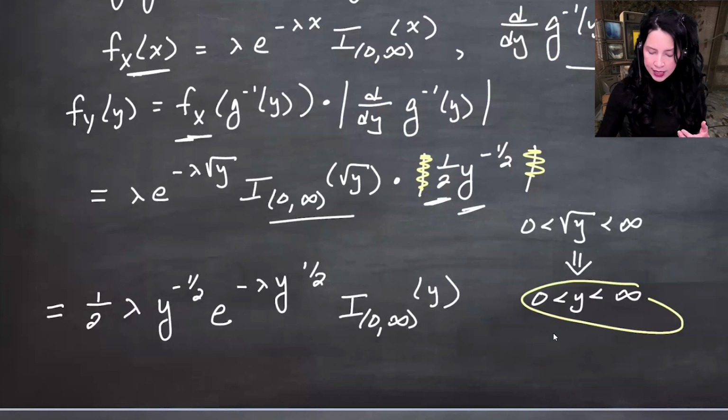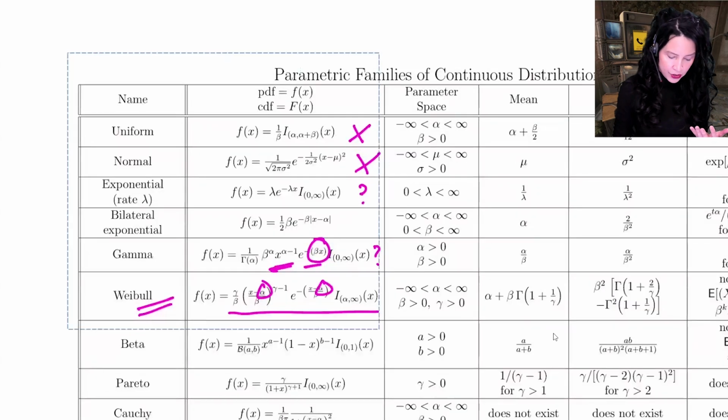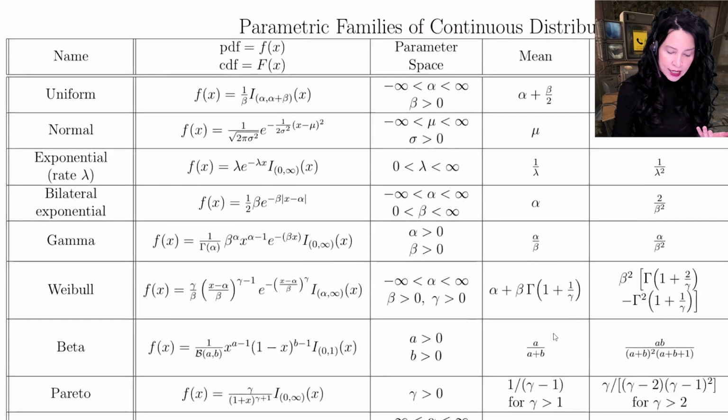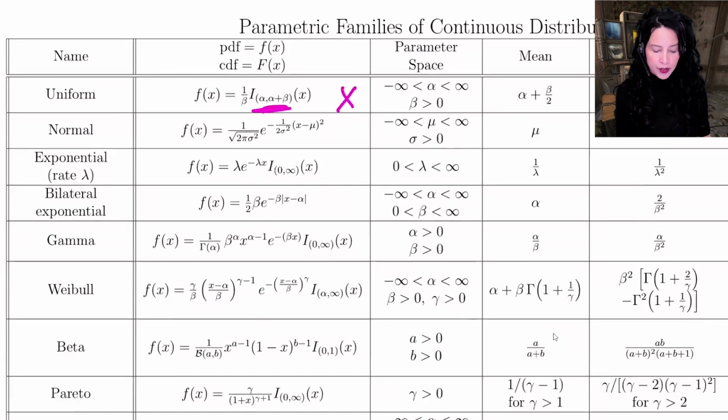I'm going to go to the continuous side because things are continuous here. Running down the table, you don't have to go through each one if you just see it. I know it's not the uniform distribution because that lives on a finite interval. Here it's from some alpha to some alpha plus beta, or you might see it as an alpha to beta or an A to B. There are many ways people write down the uniform distribution.